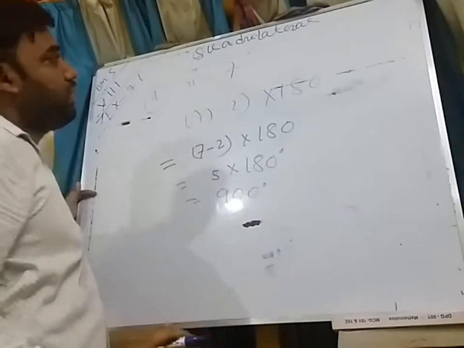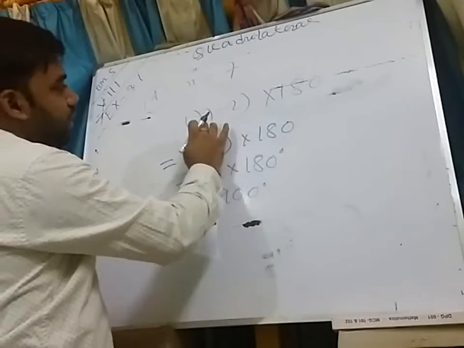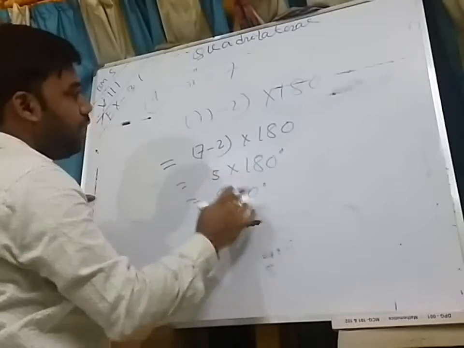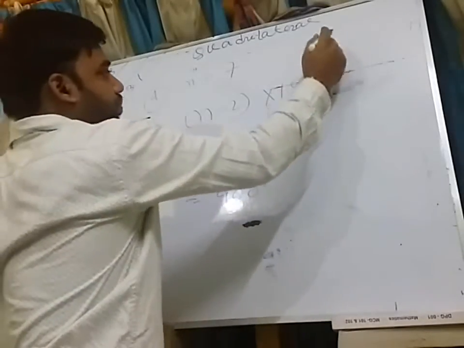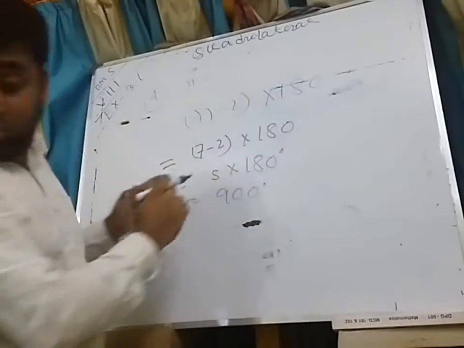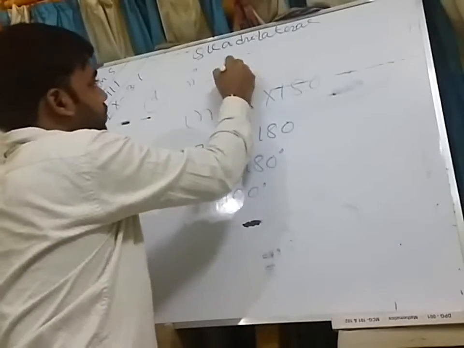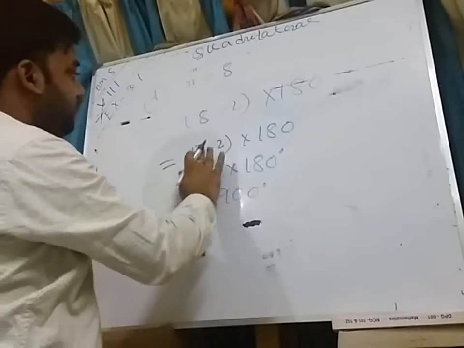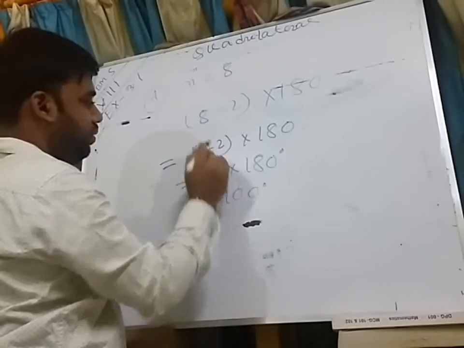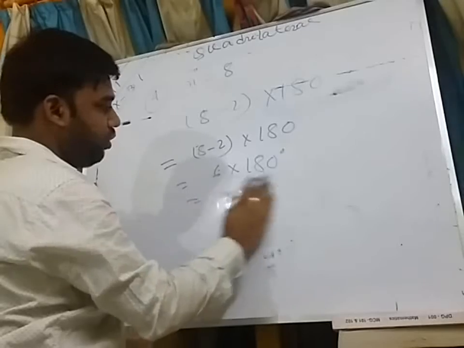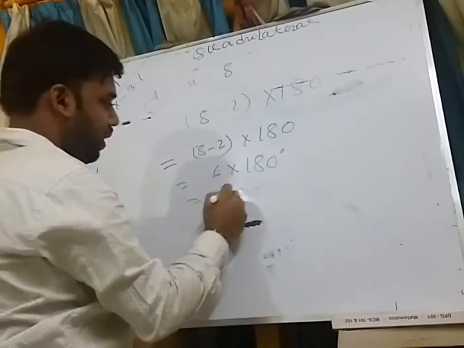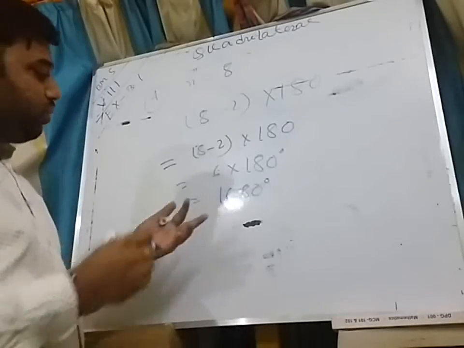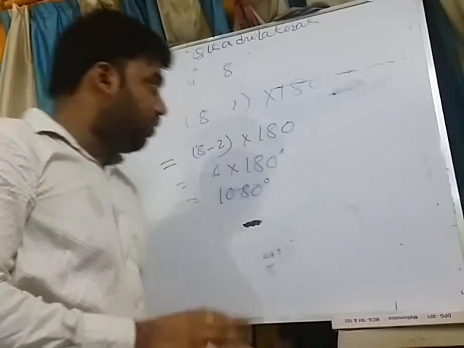If n equals 8, then 8 minus 2 is 6, so it will be 1080 degrees. The sum of the interior angles should be 1080.